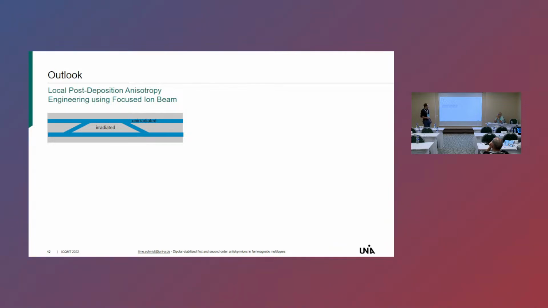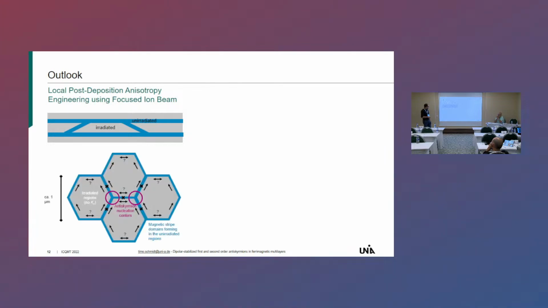We could do things like these artificial racetracks, where you don't need nanostrings, but could do it that way. Or what you can also do is something like that, where you have these hexagonal irradiated regions, which leaves these crossings where the skyrmions can meet, or the stripe domains can meet.